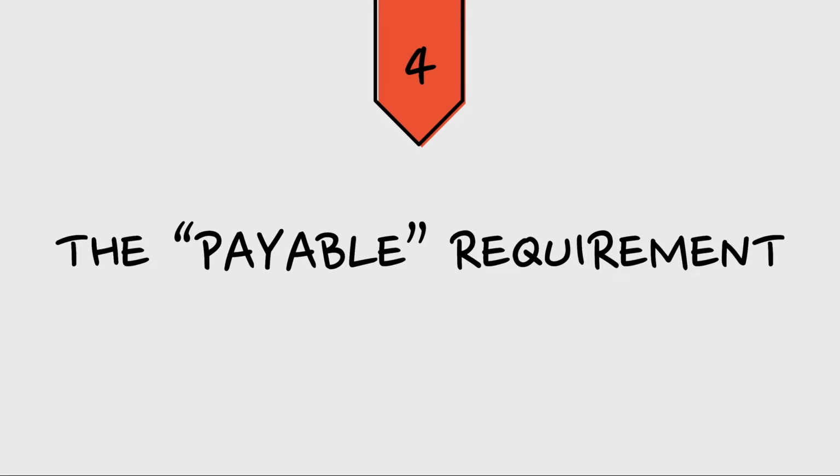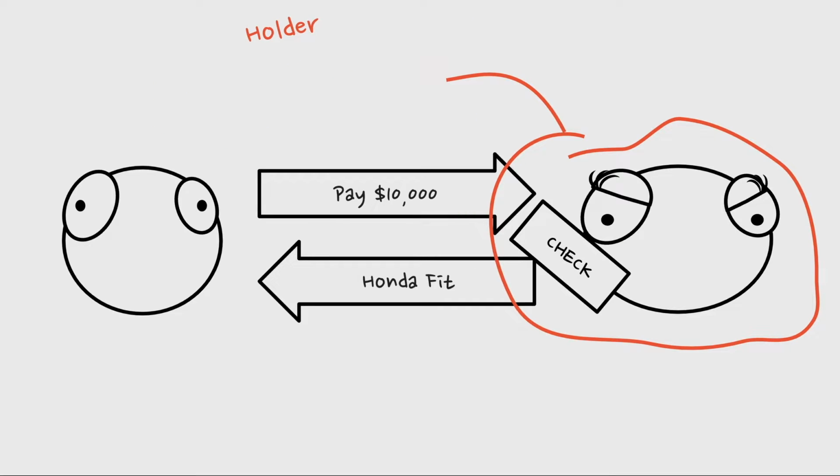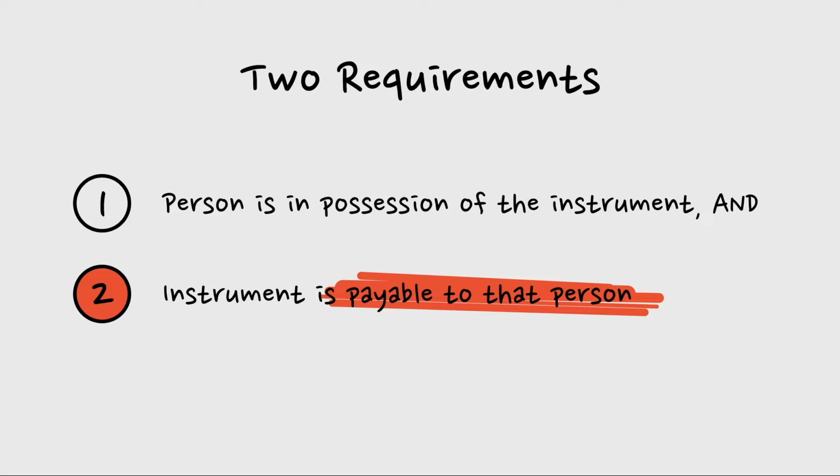Okay, and we're going to delve more into that second part, the payable part. Because going back, the possession part of this is fairly straightforward. I'm not saying it's always satisfied, particularly in the case of an electronic instrument. We saw that in the case, but normally, particularly in the case of a physical check or a physical note, it's something we can pretty easily decide.